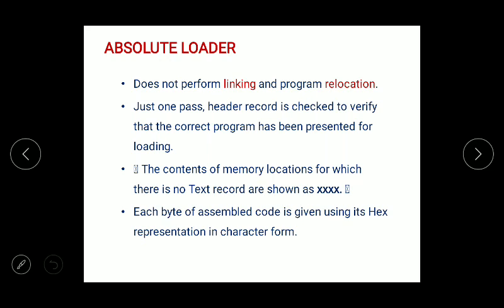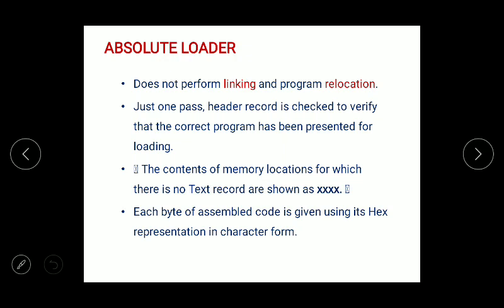Two points to remember: memory locations where text records are not there are indicated by XXXX, and each byte is represented in hexadecimal form. The main advantage of the absolute loader is simplicity and efficiency, but there are disadvantages too. The need for the programmer to specify the actual address makes it difficult to use subroutine libraries.